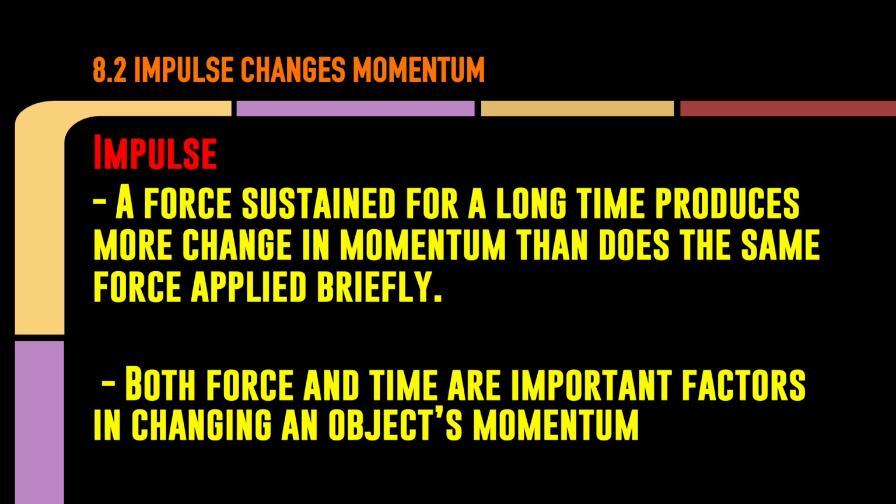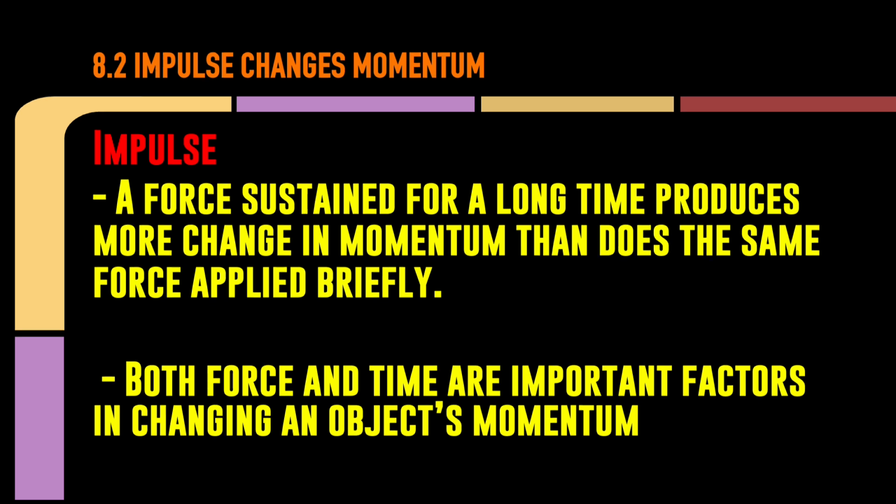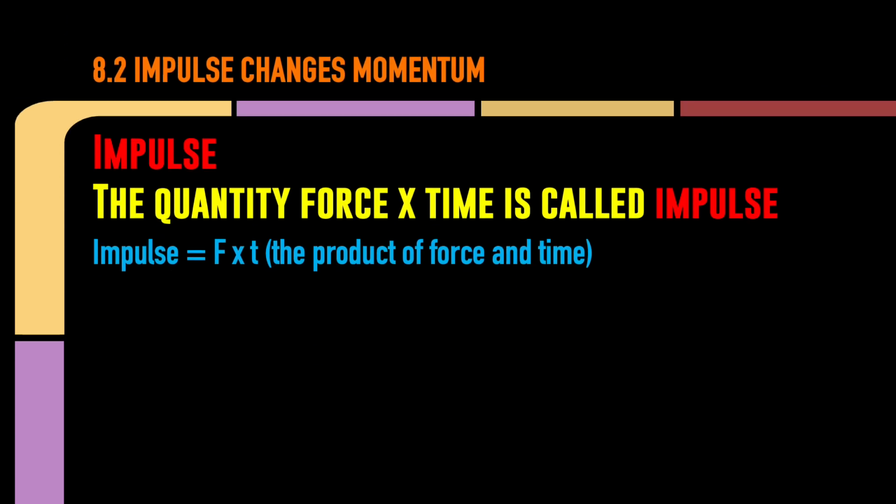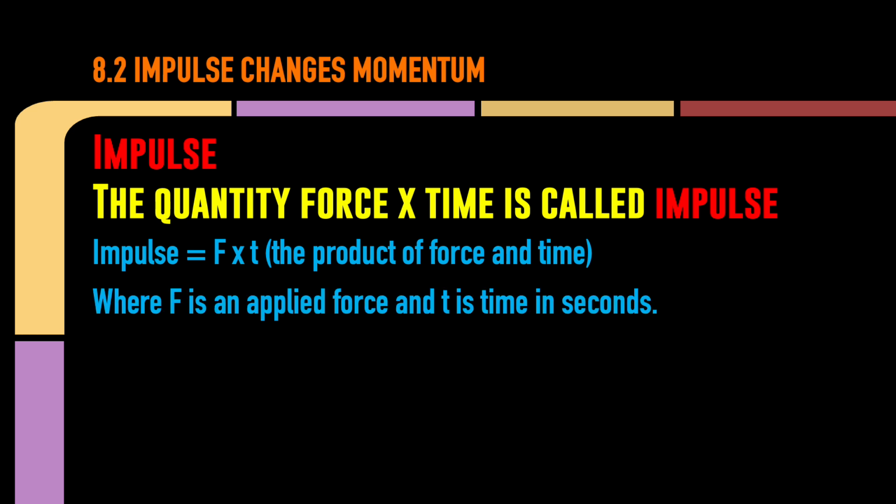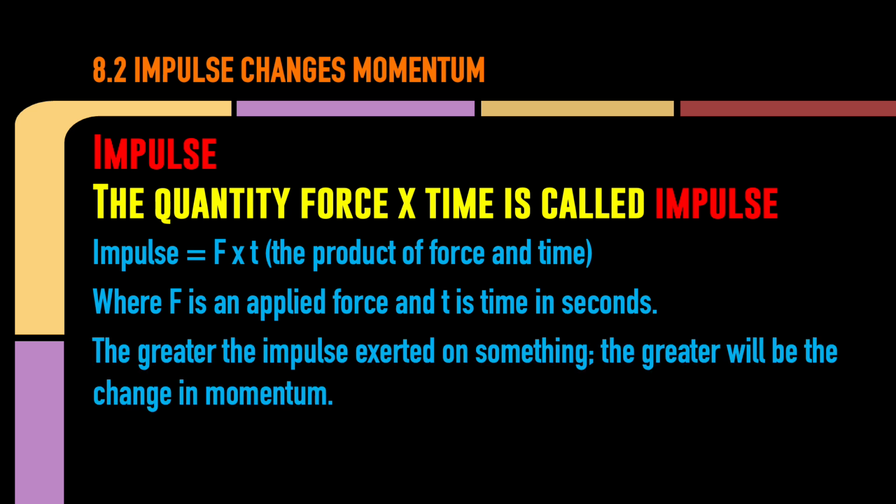Both force and time are important factors in changing an object's momentum, which gives us the equation for impulse. So impulse is force times time, the product of force and time. F is the applied force, and t is the time in seconds that the force is applied for.